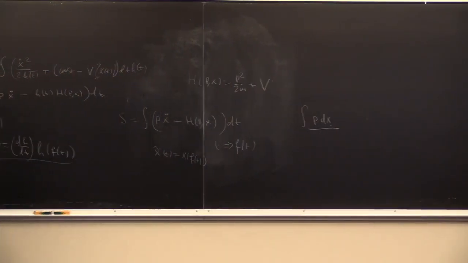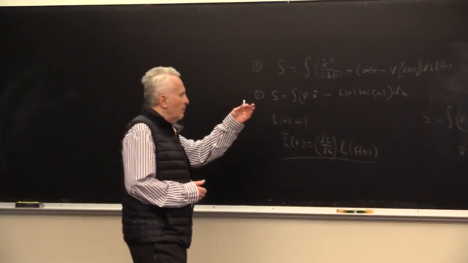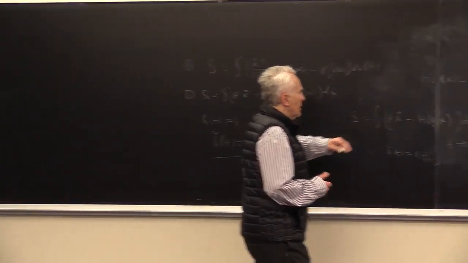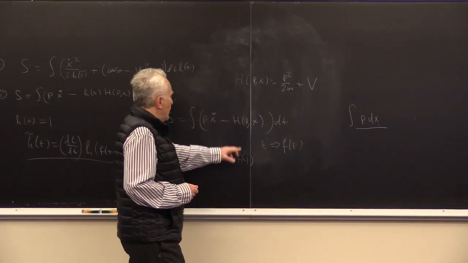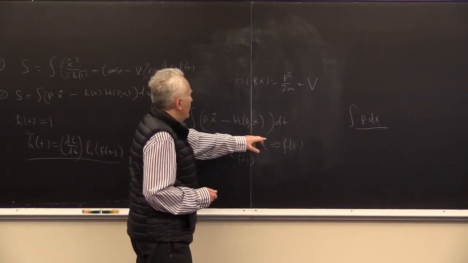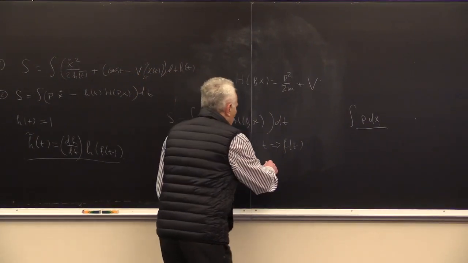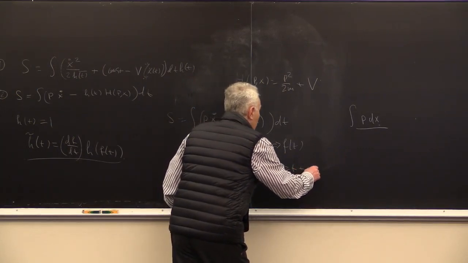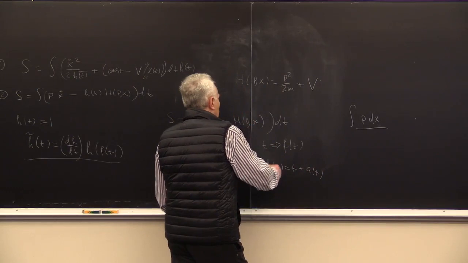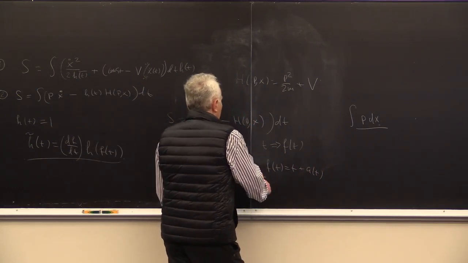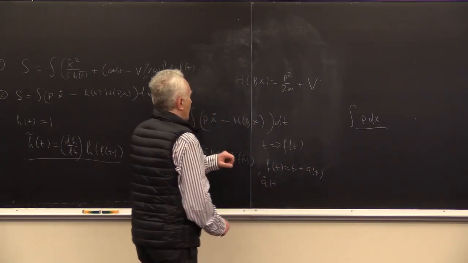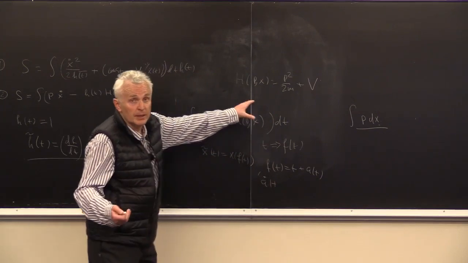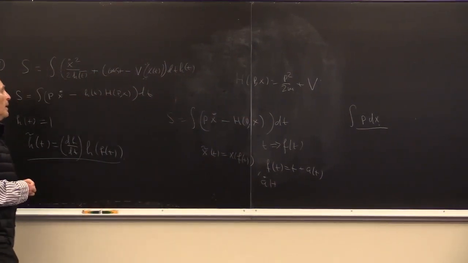So an important property of this expression is that when you change f, you get the coefficient, according to our rules, we set t plus a of t, and the coefficient in front of a dot is just h. This term is not parametrically invariant, of course.